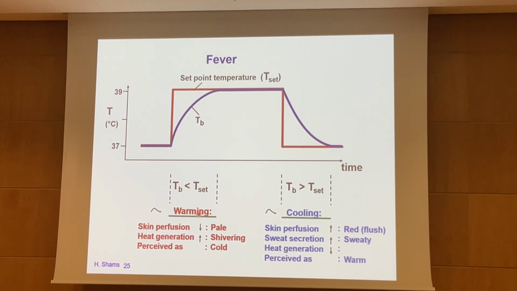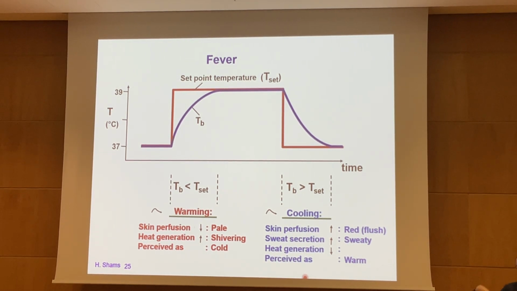Sweat secretion must increase. You become sweaty. And heat generation reduces, and you perceive the situation as you are warm. That is the time that you throw everything off your bed, come out and say, oh, it is warm to me. That is the falling phase of fever.